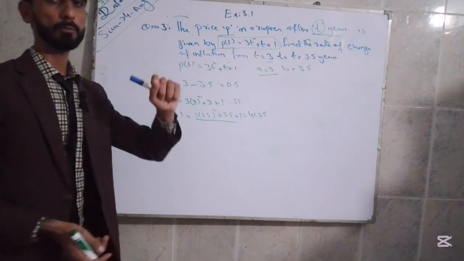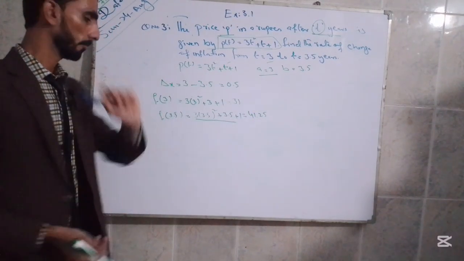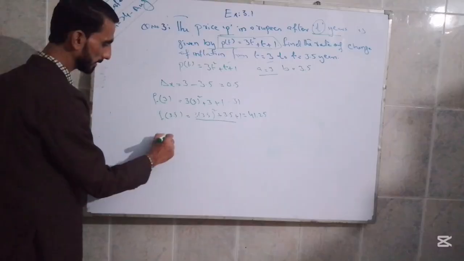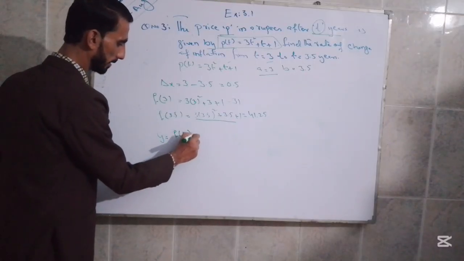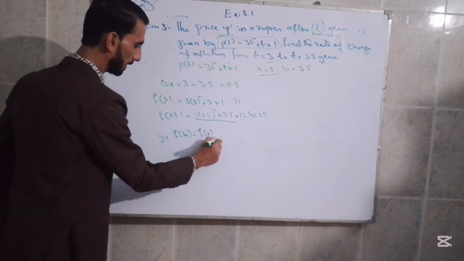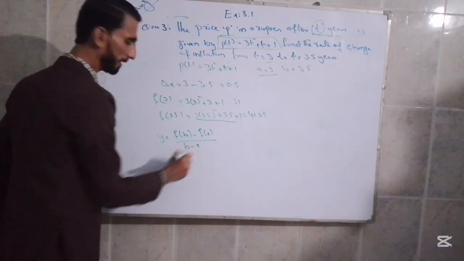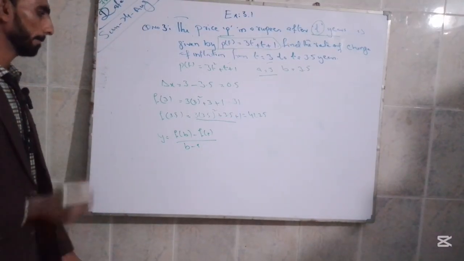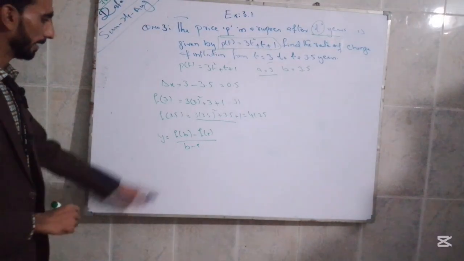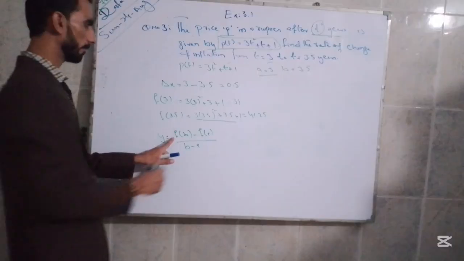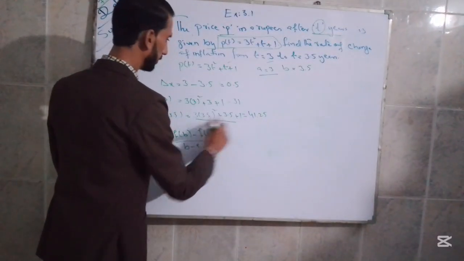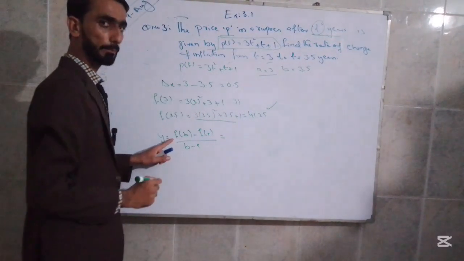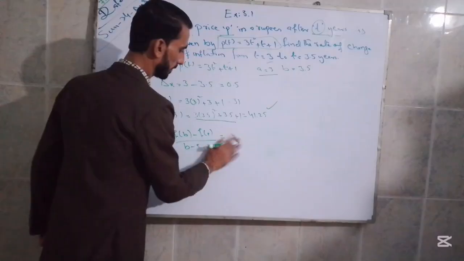Okay, what is the formula of rate of change? f of b minus f of a upon b minus a. The value of f of b is 41.25.